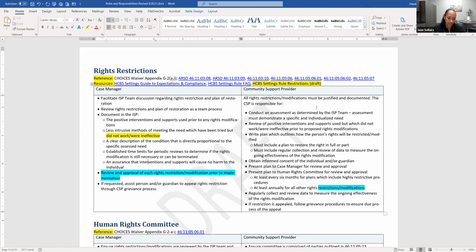It's not specifically clarified in the rule right now, but seeing as situations change and people change, and one year somebody might not have a rights restriction but the next year they do, it would likely be an ongoing assessment done around the time of the ISP. And that would be a requirement of case management to do that assessment every year. Yes. Well, that's okay. I guess we'll find out how that rolls.